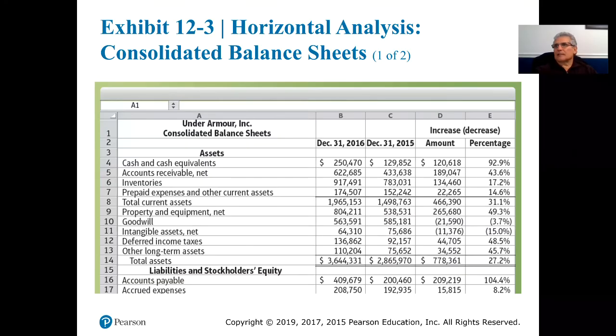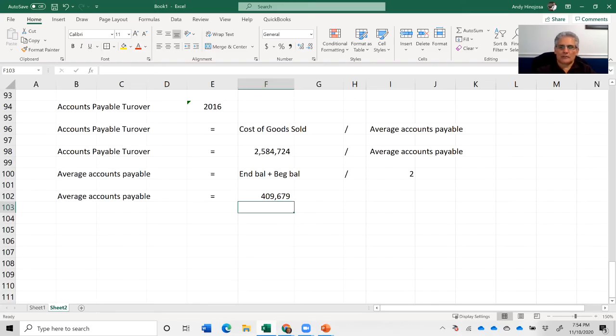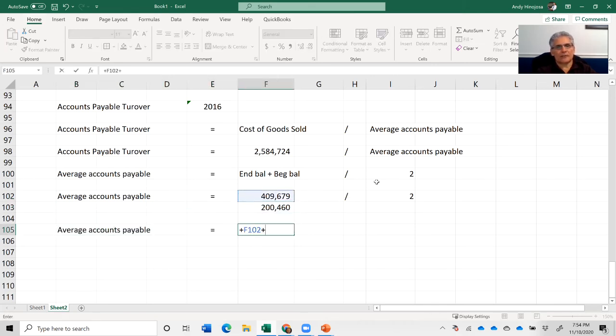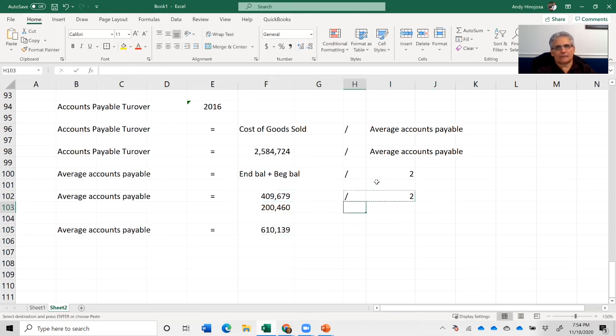The beginning balance is equal to the ending balance of the prior year, which is 200,460. Okay, so we'll keep working down this. We're going to add these two together, and that's going to be divided by 2. So 610,139 divided by 2.